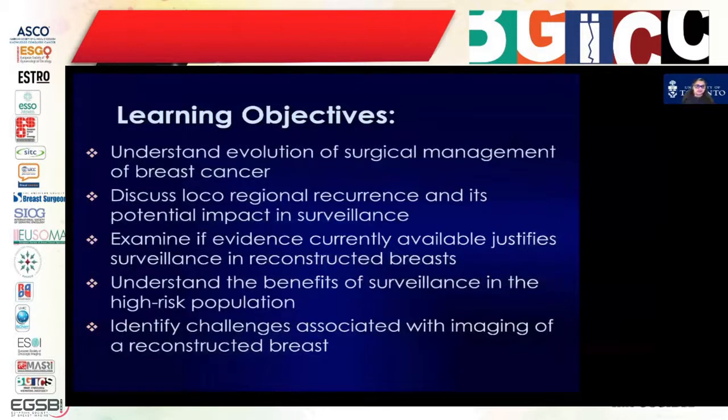So the learning objectives of today's talk are, we're going to briefly touch upon the evolution of surgical management of breast cancer, which is very important to understand, and we did discuss it earlier today.